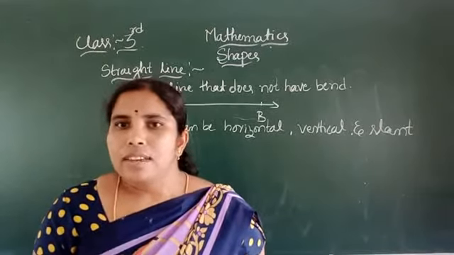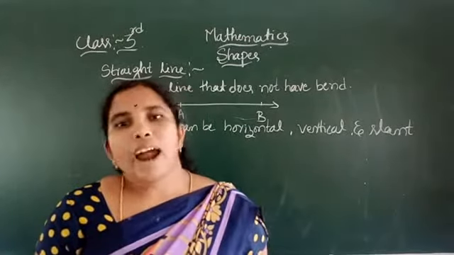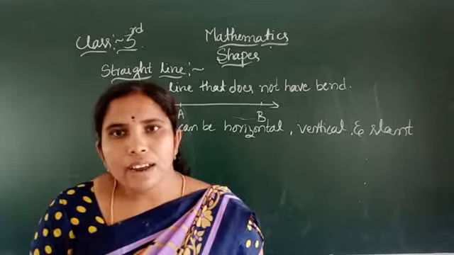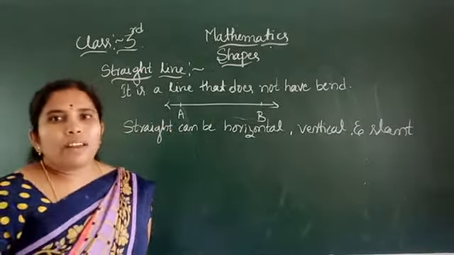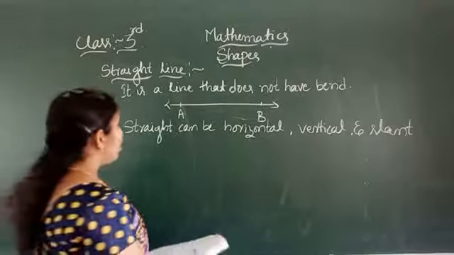Okay? Do you understand this one? Yes. See, the sleeping line is called horizontal line. The standing line is called vertical line. So write on that. Sleeping line is called horizontal line.